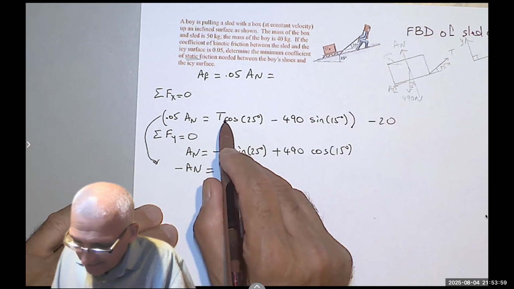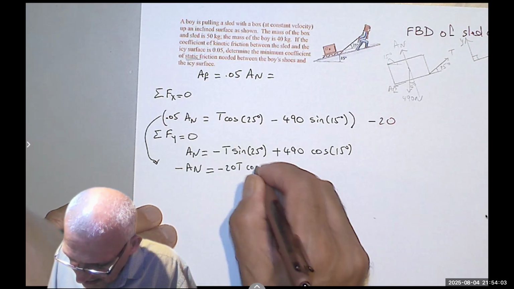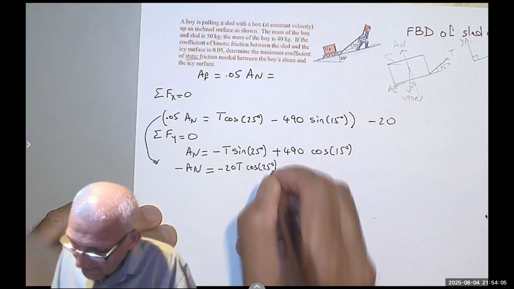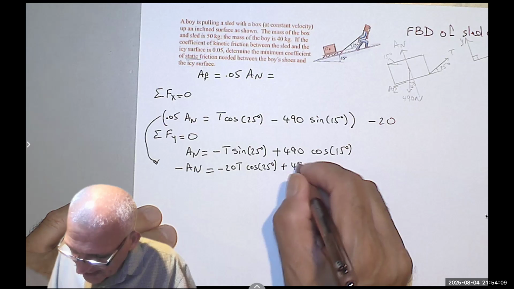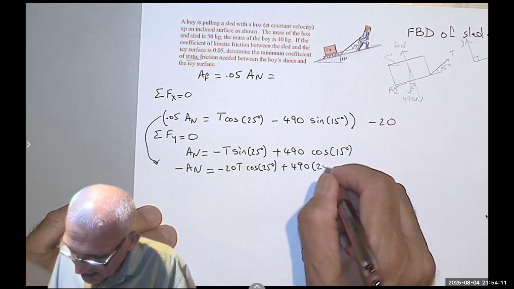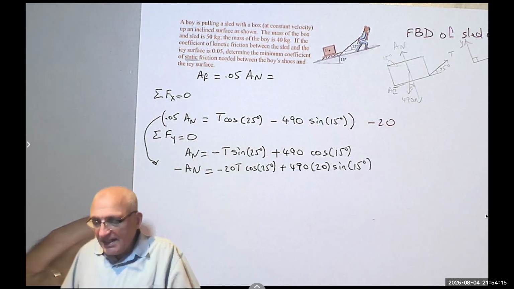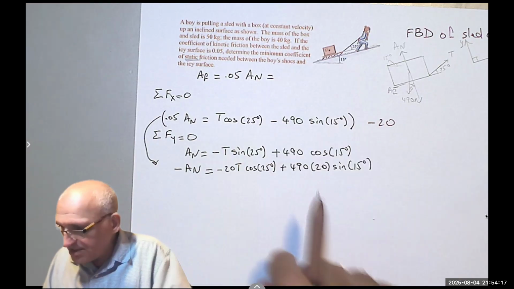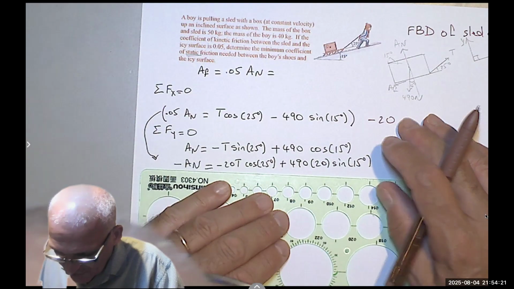I multiply that by negative 20, so I get negative 20 T cosine 25 degrees plus 490 times 20 sine 15 degrees. Now, if I add these two equations together, I get rid of the A sub n and I can solve for the tension.